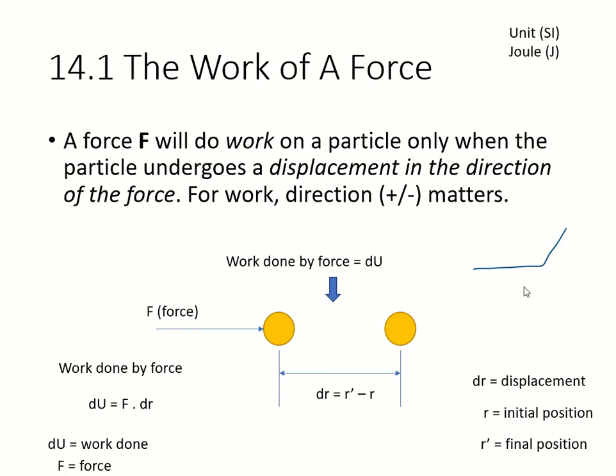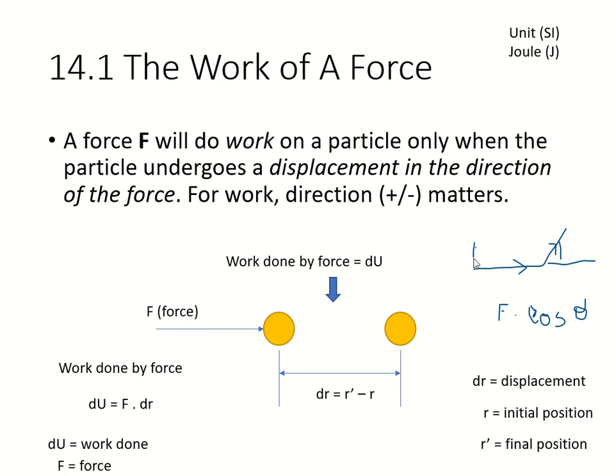So you always have some direction, or angle of direction, and you're going to see several times F times cosine theta. This is just showing you the angle of movement.